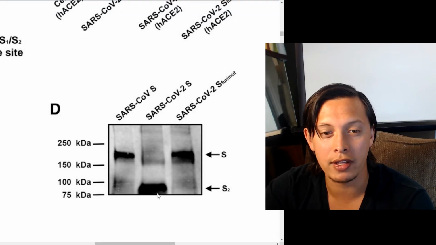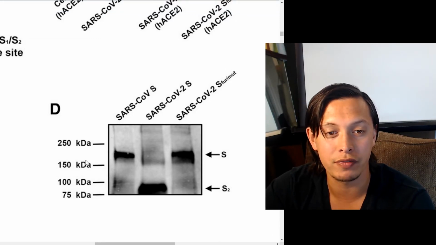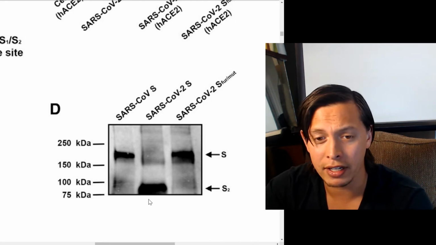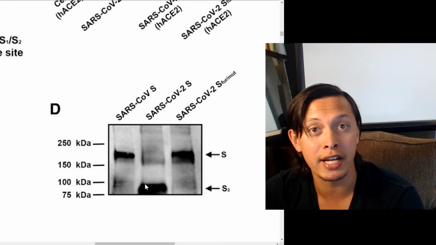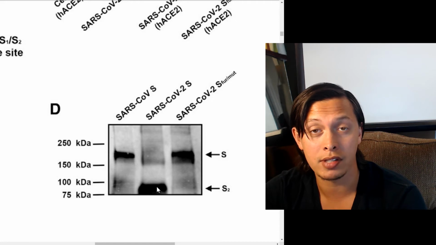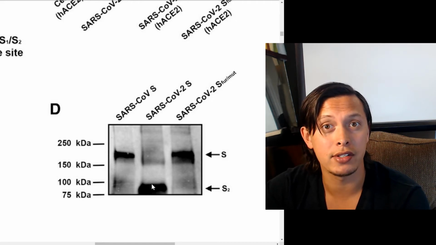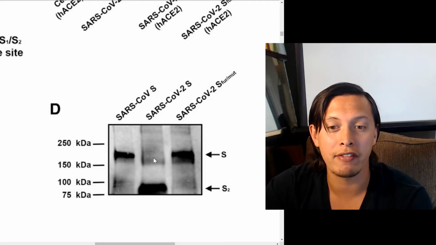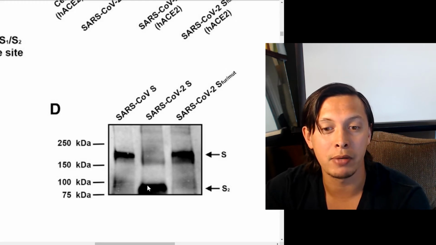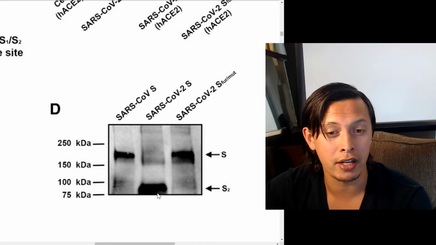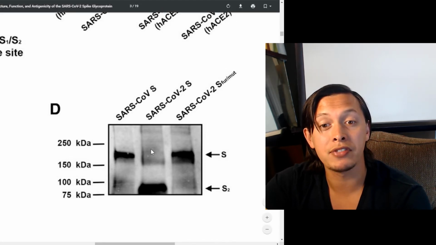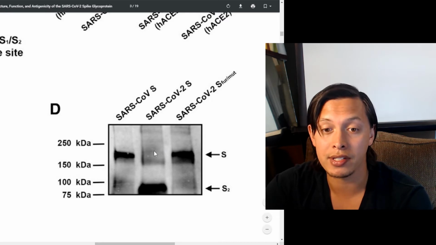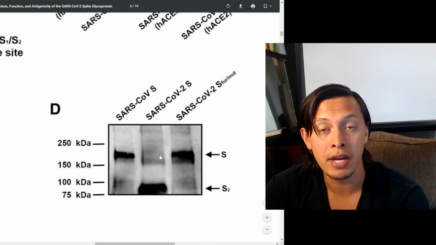So rather than having these large 150 to 250 kilodalton pieces, we end up with a smaller piece, which means that a large part of the spike protein has been removed in some way. When they collect the viruses and run the analysis, rather than having a bunch of spike protein up here, they end up with a bunch of smaller parts of the spike protein. It is possible that you still have some uncleaved spike proteins somewhere in here; there are just a lot fewer of them and you can hardly see them.